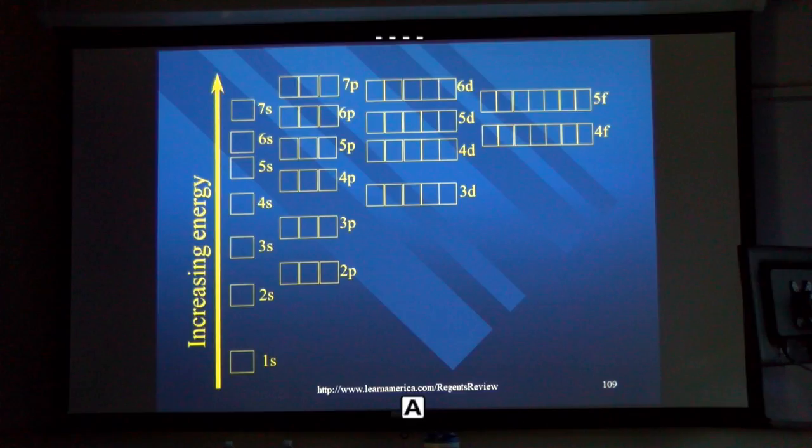So this kind of gives you like a cheat sheet. Again, you don't need to know that for the Regents, but the orbital concept helps explain some of the science behind some of the phenomena that the Regents does want you to know.